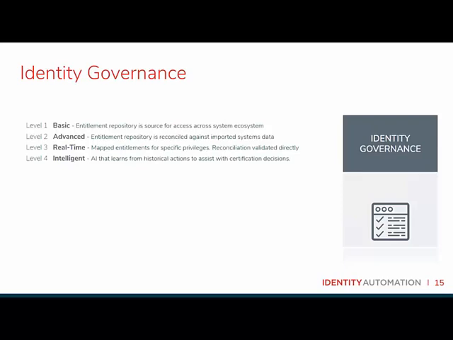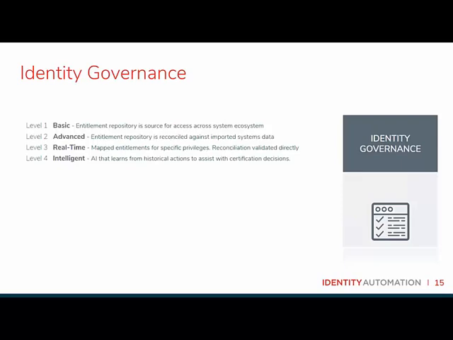In level 1, organizations have started to implement an entitlement repository. And that repository has to be capable of presenting a user's accesses throughout the organization. Reporting is key here. It's a key capability in level 1.